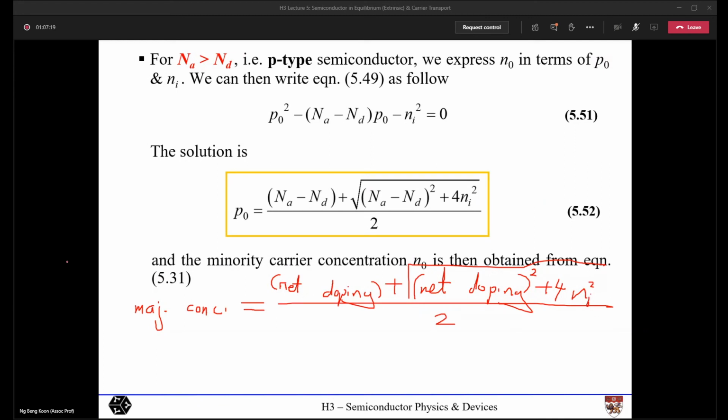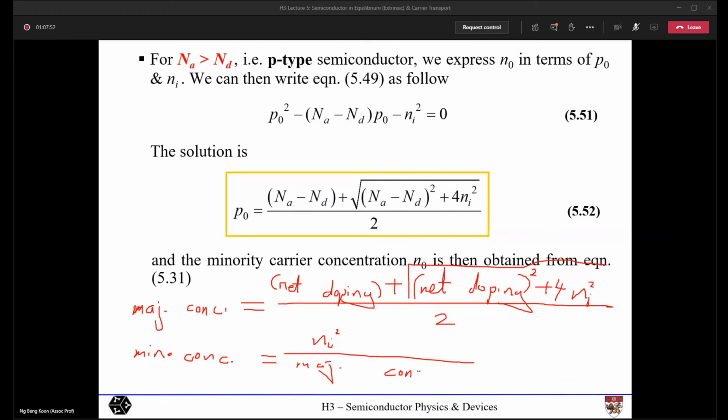Okay, so depending on whether it's N-type or P-type, the majority carriers will be the respective carrier type. And once you find this, then the minority carrier concentration can be determined using the mass action law, which is Ni squared over the majority concentration.